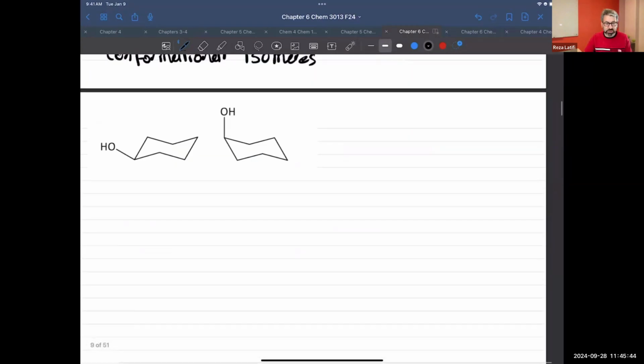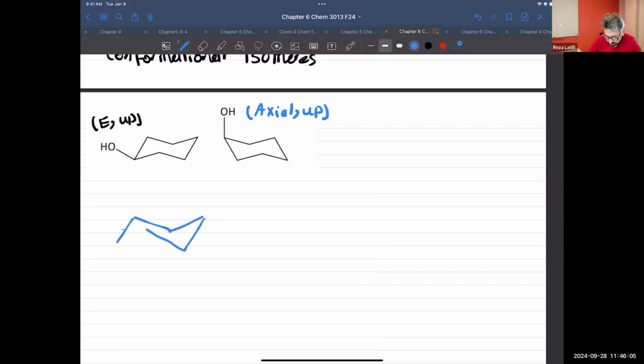Now let's get back to the example that we were practicing. Here we have OH in equatorial position, and it's pointing up. The second one has OH in axial position, pointing up. Let's take the first one. The first structure is going to be this, and we have OH in this position. We're going to do a ring flip.